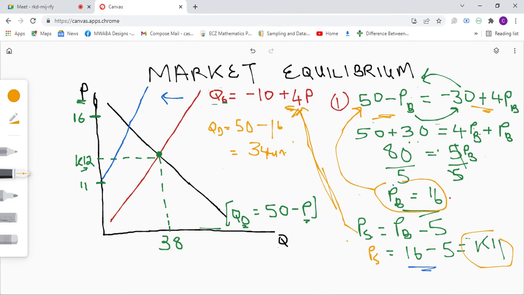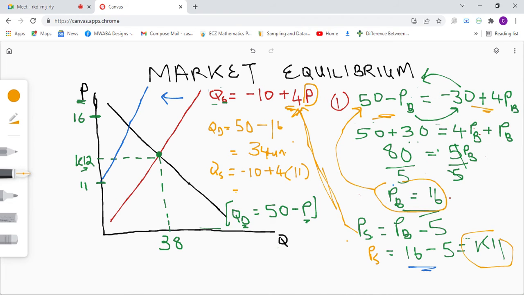So for your QS, you can say QS equals negative 10 plus 4P, all right? Remember this P was PS, so we're going to substitute that P with 11. So plus 4 times 11. 4 times 11 is 44.